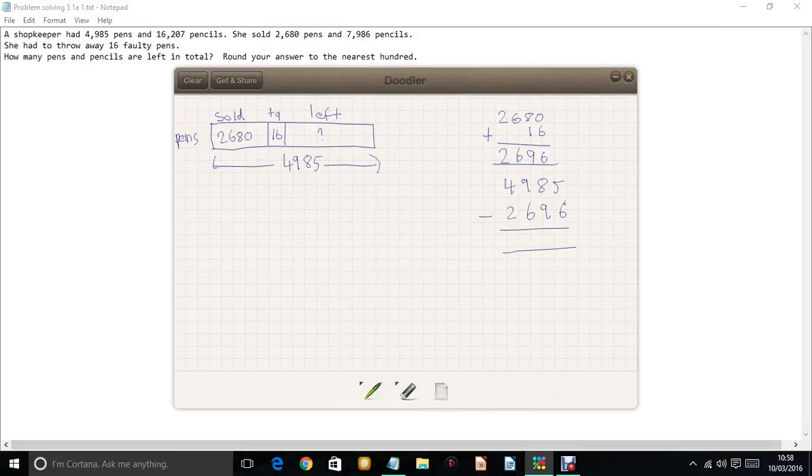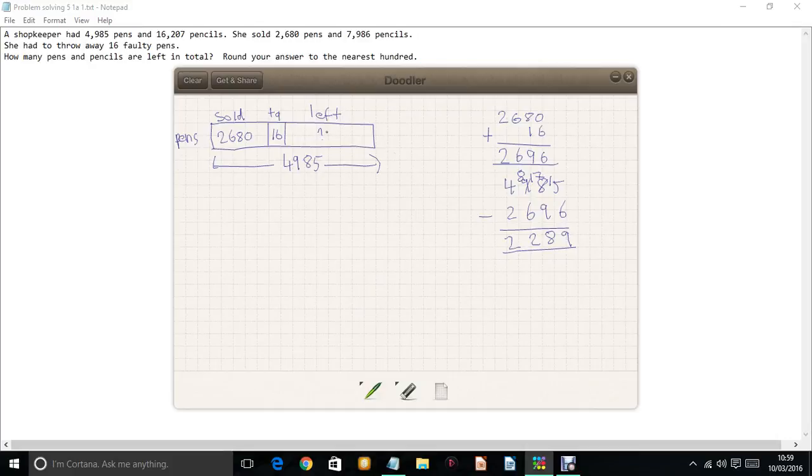Okay, so I can't do this directly. Which gives me 2,289. What's that? This is this bit here.